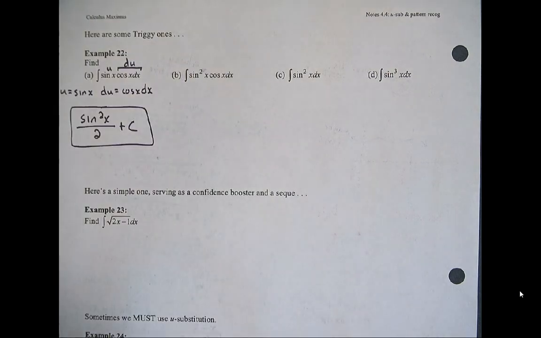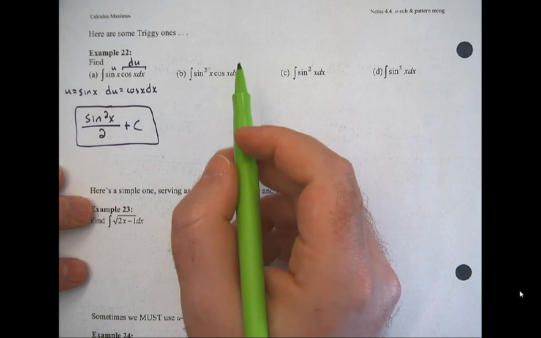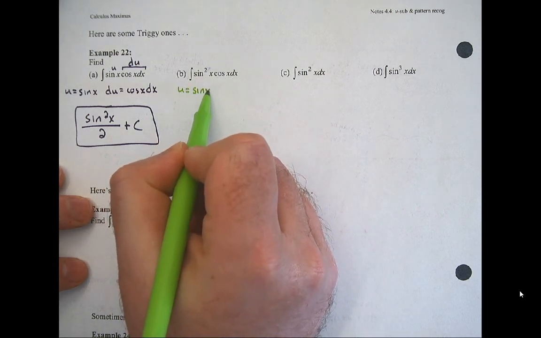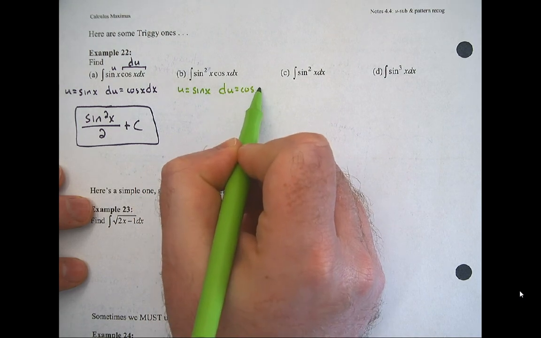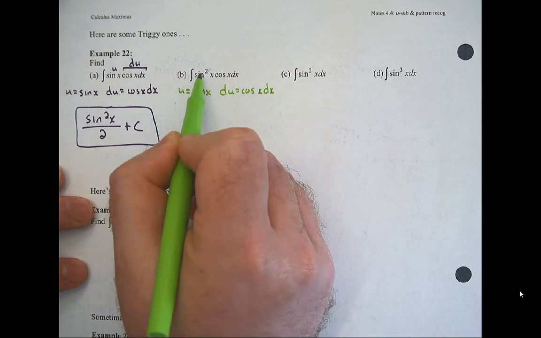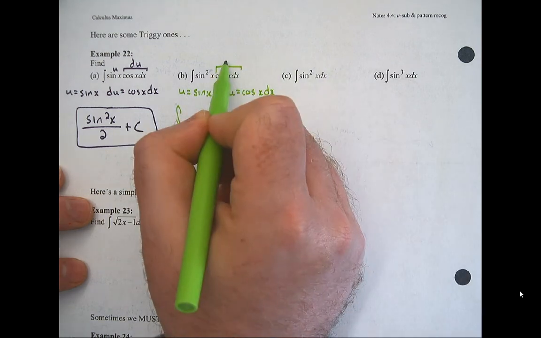Try the next one. If you haven't tried it on your own yet, pause and try it. This is very doable. So my inside function is sine. Maybe I'll write this one out the whole way. So that means I'm going to rewrite this now, as the x and the dx all came together to make my du.